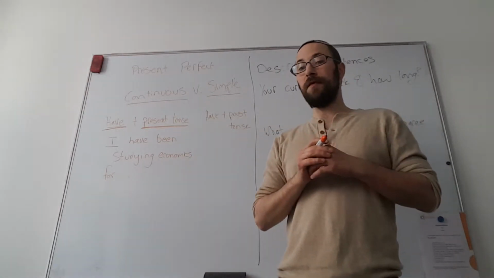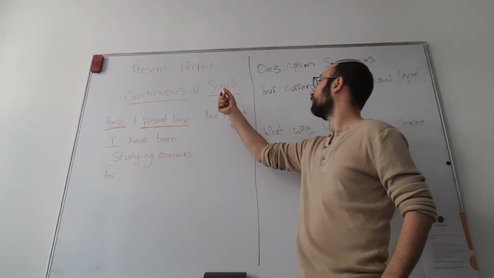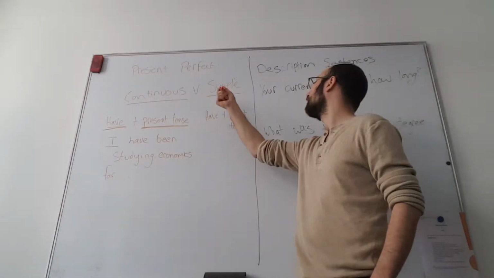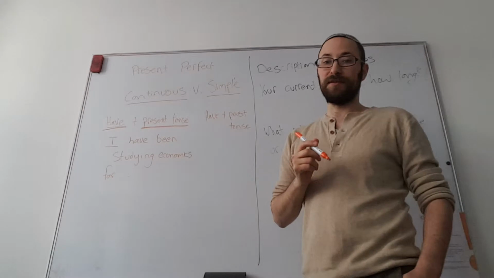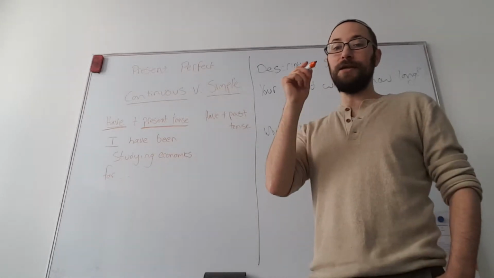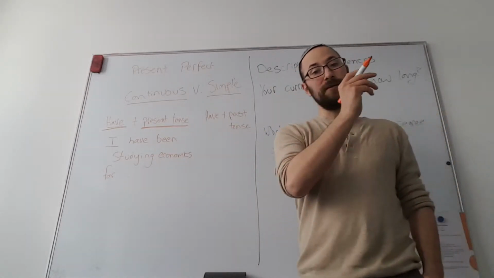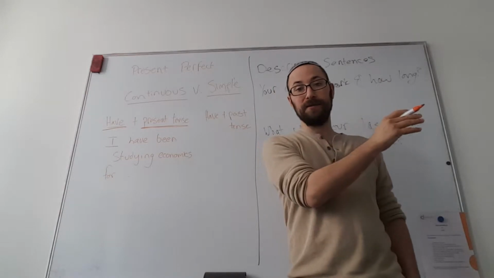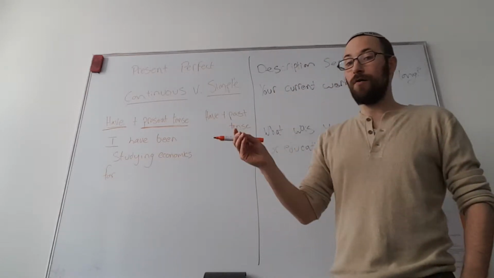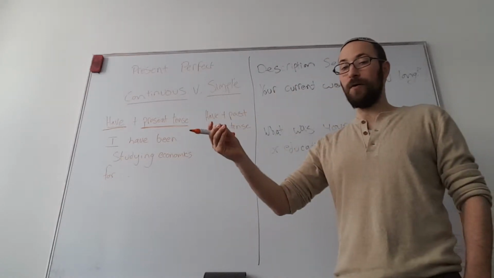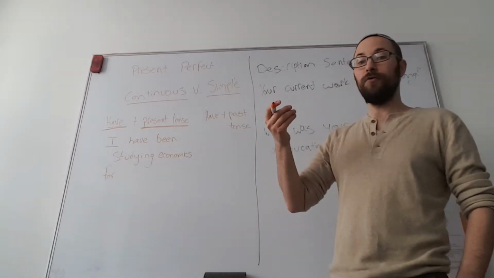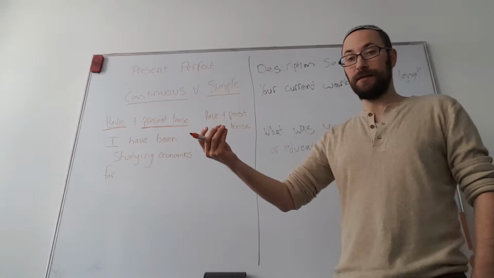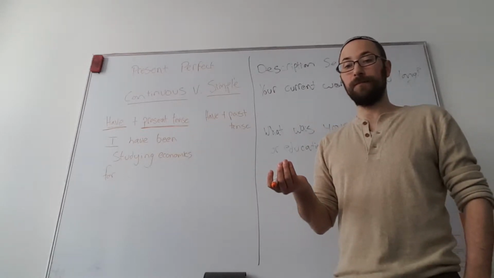This is different than the present perfect simple tense. The present perfect simple tense is used for something that has begun in the past, and has continued up to the present moment, but now is over. You are no longer doing this specific activity.